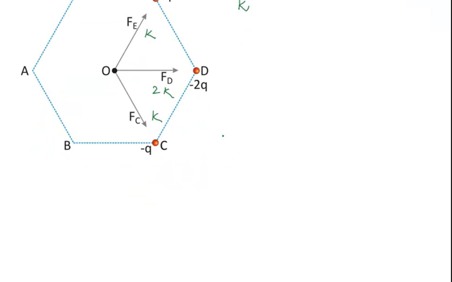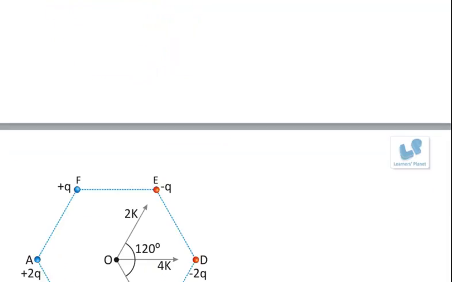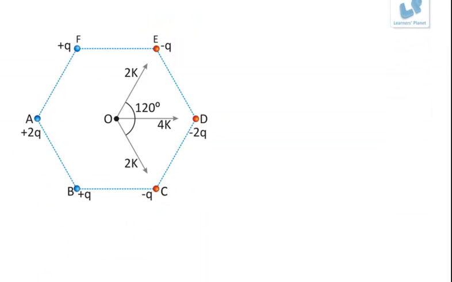Now if we superimpose the total electric field because of positive and negative, then this k and k due to E will add up. So total electric field is 2k here, 2k here and 4k here. Okay, now is that clear?